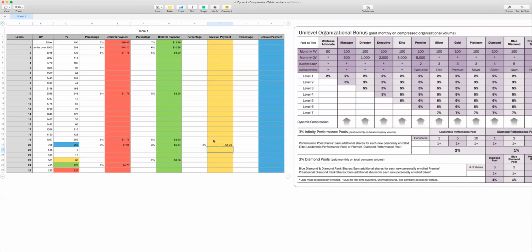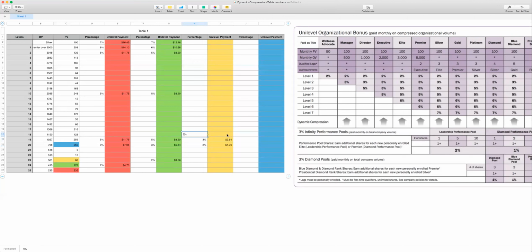Okay, and then we're looking now for the next manager, which this person meets the requirement of. Which is 3%, I forgot to put that in. Now we're looking for a level 3 payment, so we're looking for the next director, which is this person here.